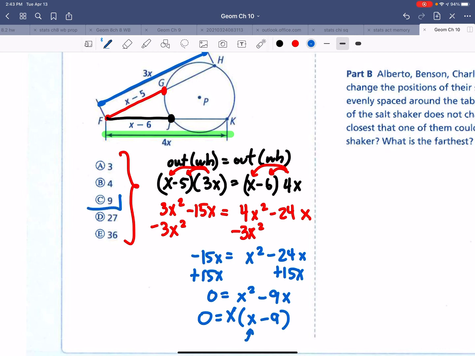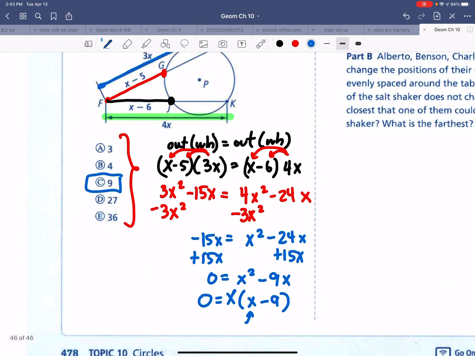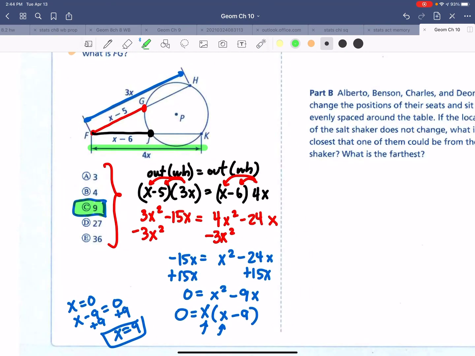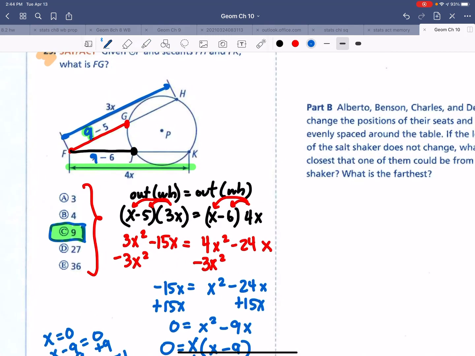And it looks like I got an answer here. For this to be 0, either x is 0, right, the first term, or x minus 9 is 0. And so when I add 9 to both sides, I get x is equal to 9, and that looks really good. Let's say that looked good to begin with, and let's plug that in. So if x is 9, this would be 9, and that would be 9.